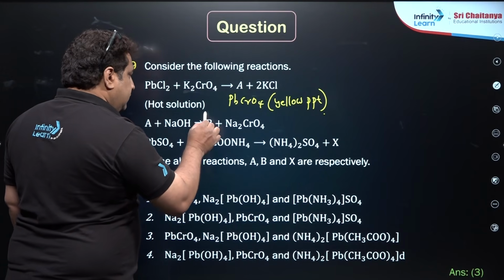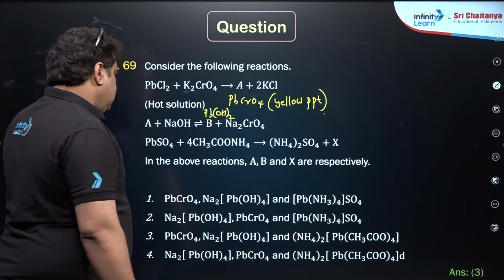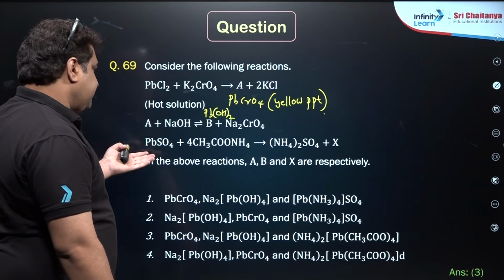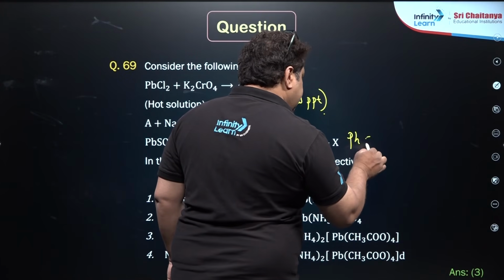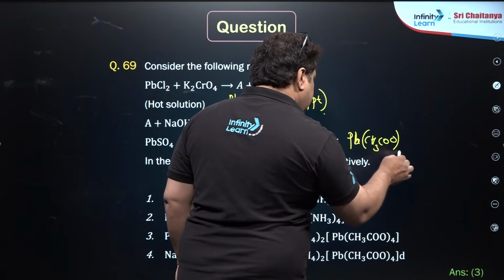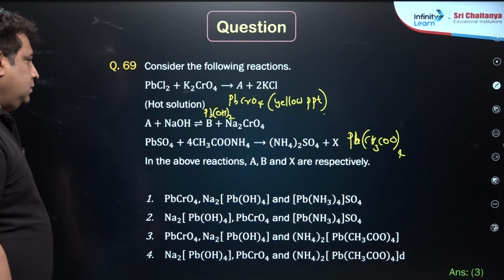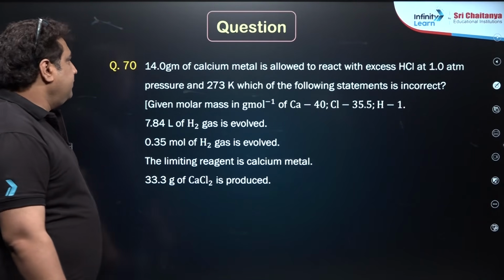So hydroxide is given, obviously lead hydroxide will form. Now lead sulfate is given here. X means what? X will be lead acetate, Pb(CH3COO)4, right. So a very simple and straightforward question.